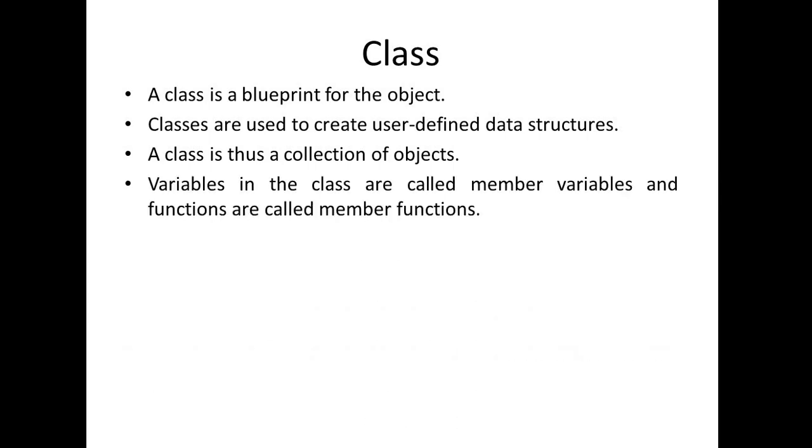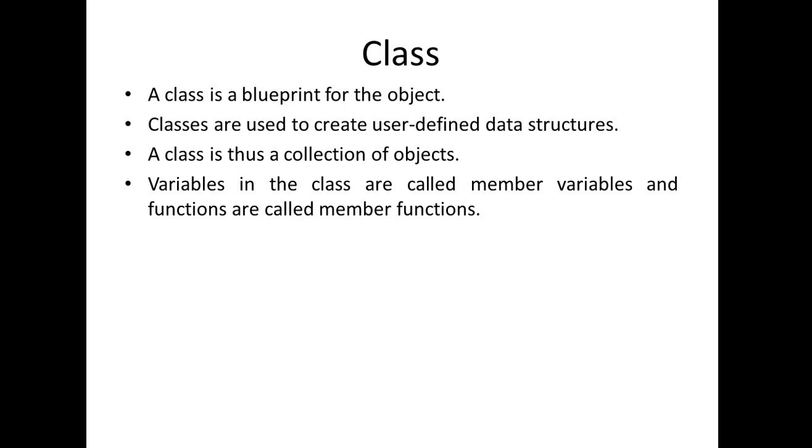Variables in the class are called member variables and functions are called member functions. Because we know that within each and every class we will have variables and functions. Those variables are called member variables and the functions are called member functions of the particular class. We are just calling them class members, just how we say family members, right?